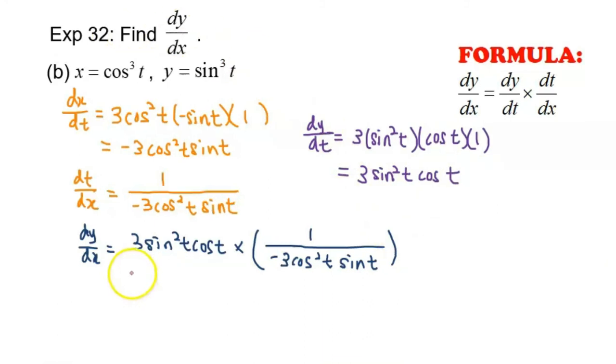Next, we are going to simplify our answer, where the 3 can be cut off. Then sin squared t divided by sin t. Then cos t divided by cos squared t.